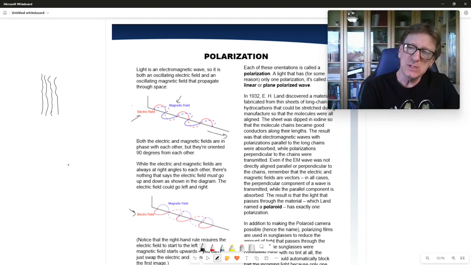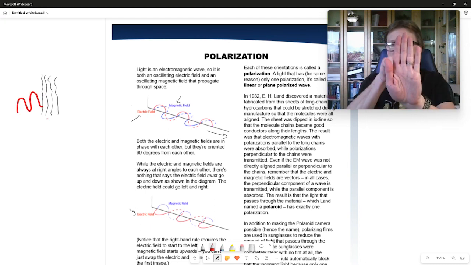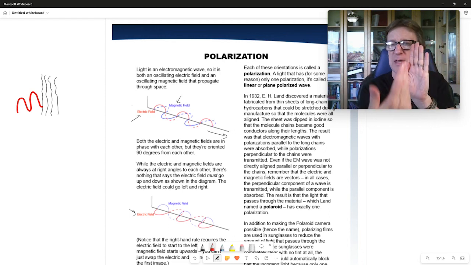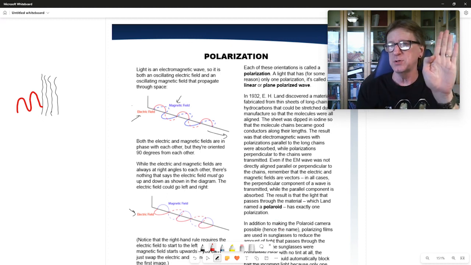But what he noticed with this is that an electric field, I'm going to change color here, an electric field that came at it this way would get absorbed. So imagine my fingers are the long chain polymers. If the field came at it this way, then it would get absorbed by the polymer chains.